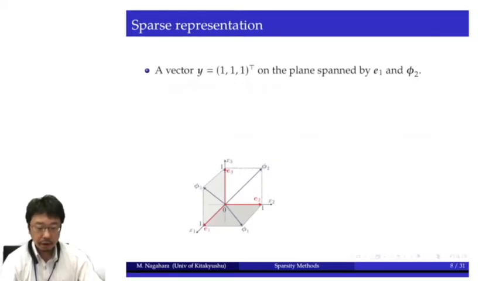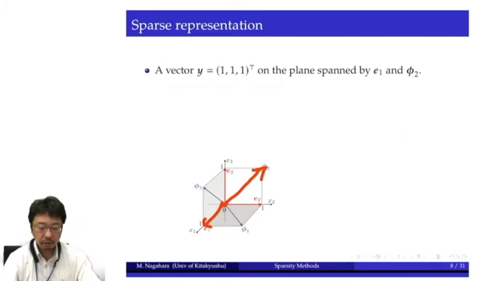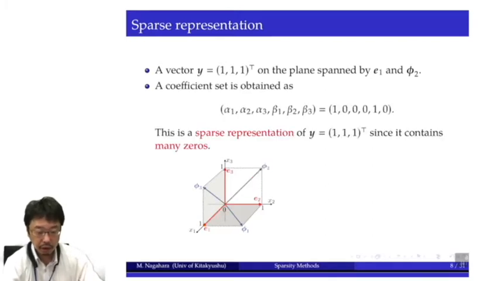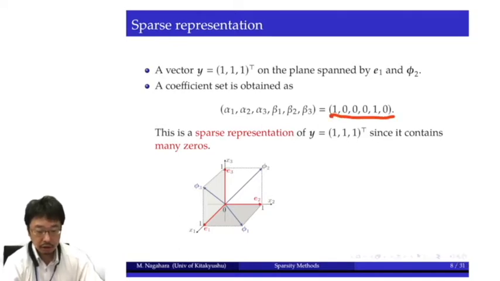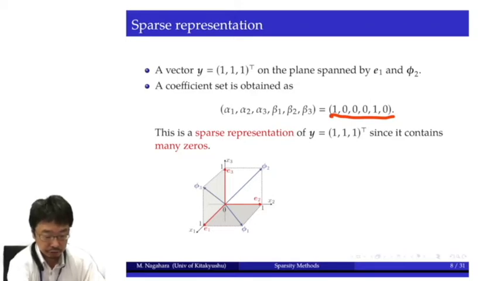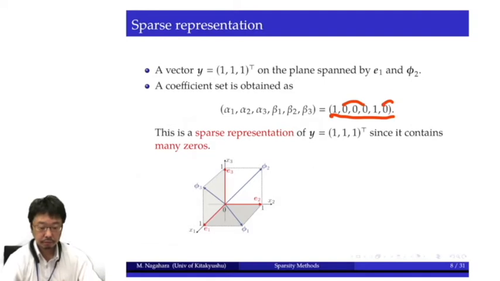Let us take a vector y is 1, 1, 1, which is on the plane spanned by E1 and phi 2 here. Then a coefficient set is obtained as this. This is a sparse representation of y is 1, 1, 1, since it contains many zeros here and here.